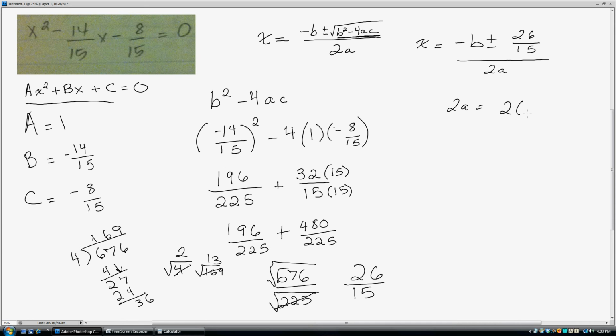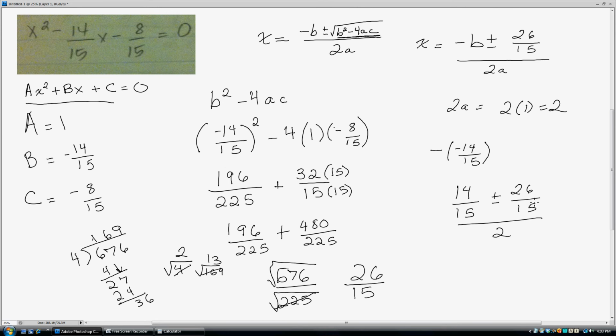Well, 2 times a is just 2. So that's nice. B, of course, we're coming back over here. It is negative 14/15. We, of course, want to change its sign. We want the negative version of it. Right? Okay, well, negatives cancel a positive. We have 14/15 plus or minus 26/15 divided by 2.